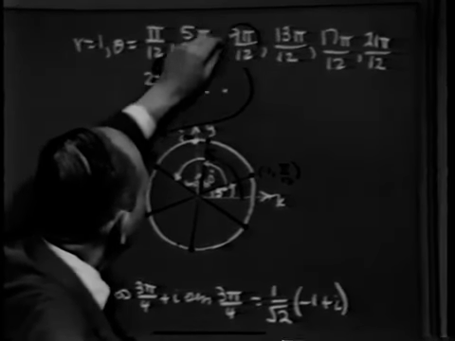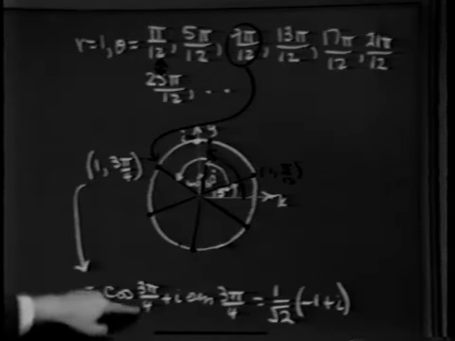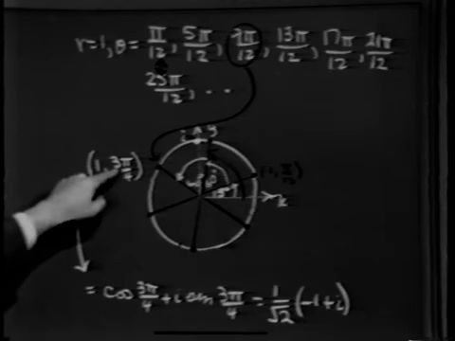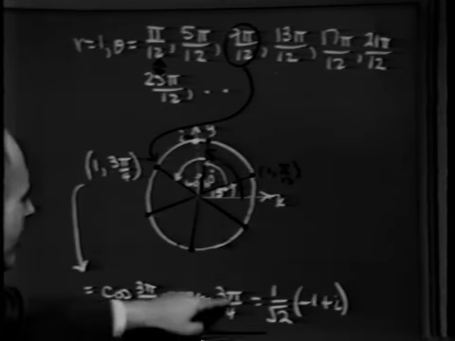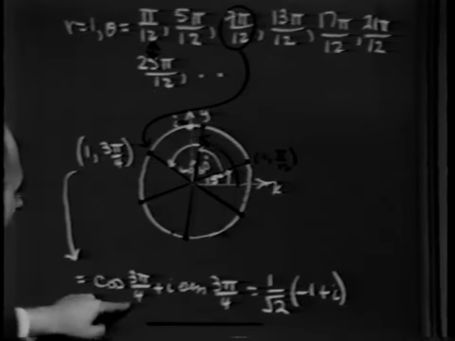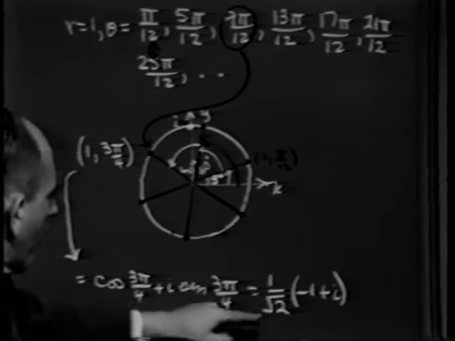To help you see this geometrically, I'll pick, of these 6, one of these that happens to be very easy, at least to me. 9 pi over 12 is 3 pi over 4, which happens to be 135 degrees. And (1, 3 pi over 4) is cosine 3 pi over 4 plus i sine 3 pi over 4. The cosine of 3 pi over 4 is minus 1 over square root of 2. The sine is plus 1 over square root of 2.